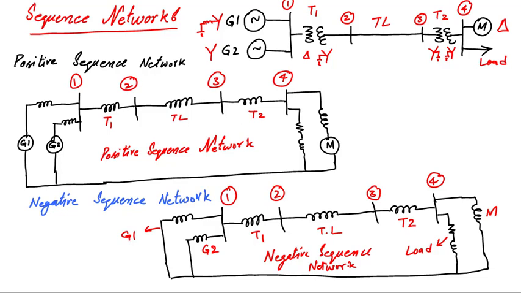So if we assume that the positive and negative sequence impedances of the rotating machine are the same, then these two networks are similar to each other except for the induced EMF. If we remove those induced EMFs, these two networks will become exactly similar to each other because the values of all the impedances are the same.